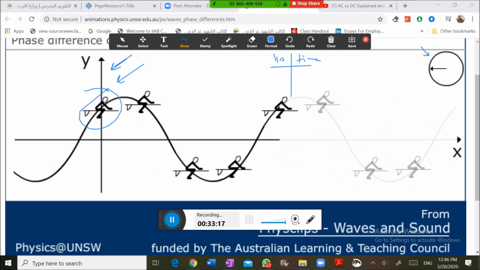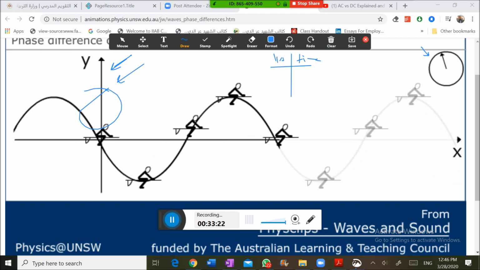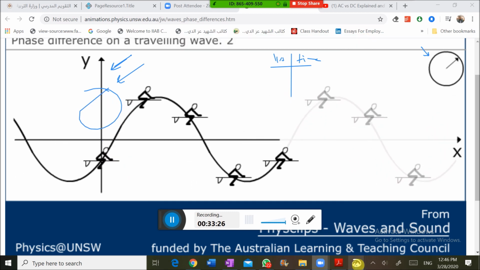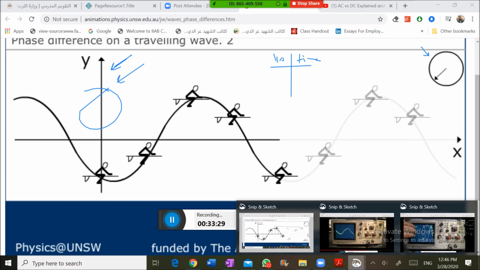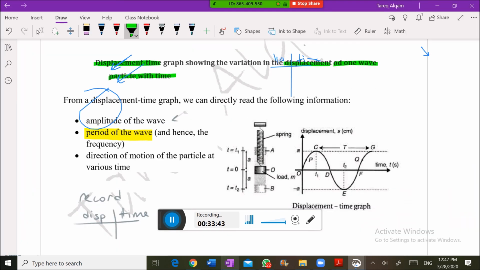If I record this, I will have displacement with time. If I make a graph for these recorded values, I will get a graph of displacement versus time.